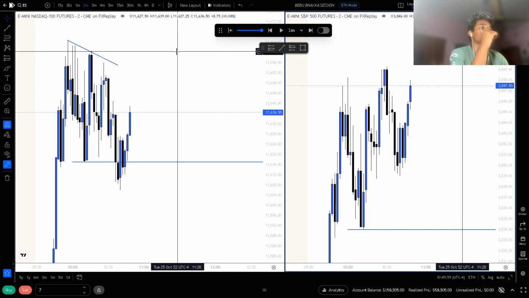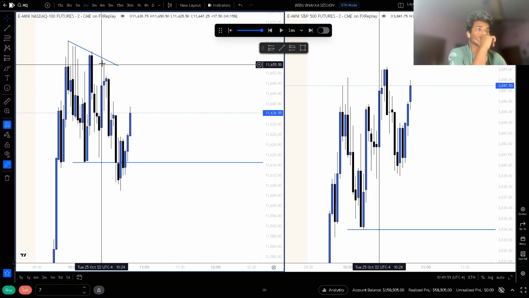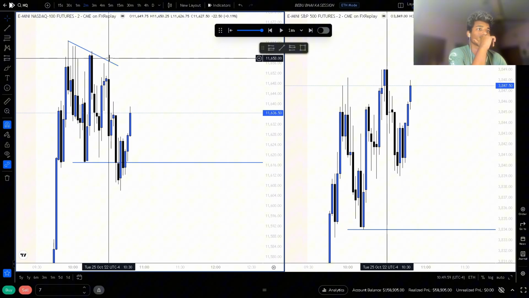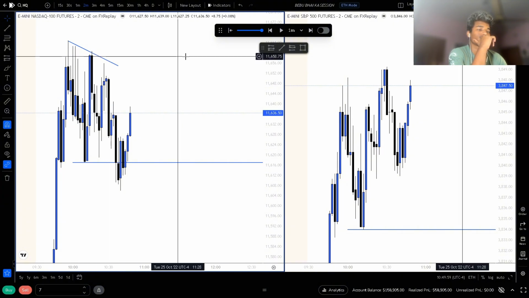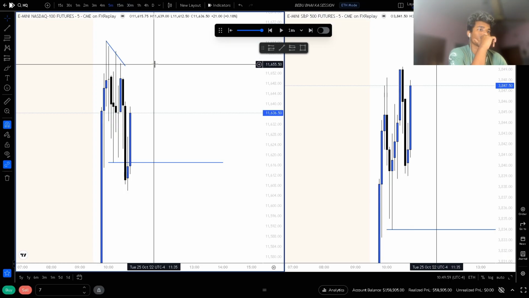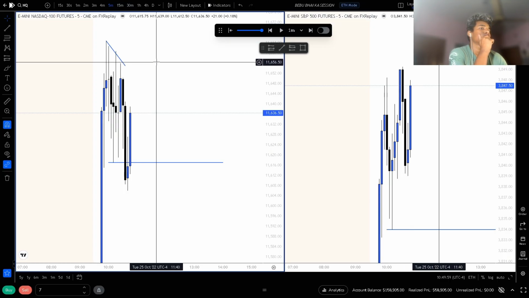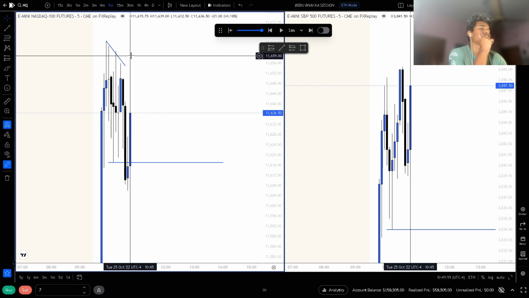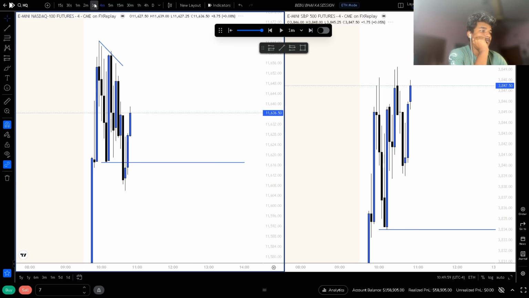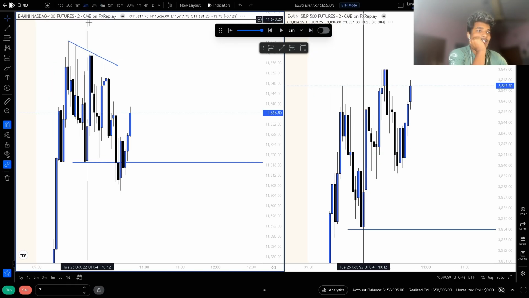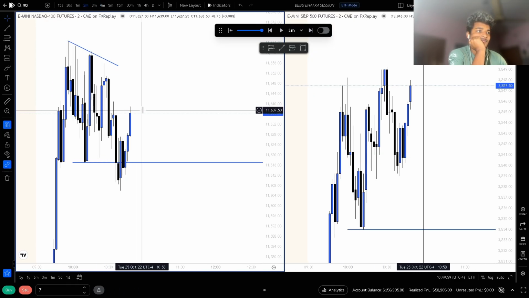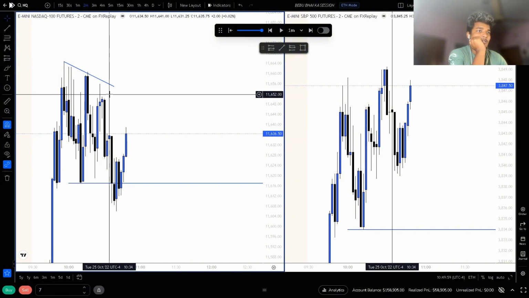So is this a nice setup? Genuinely, I don't feel like taking it anyways. Market's just shopping and PS has already taken out my break-even point.